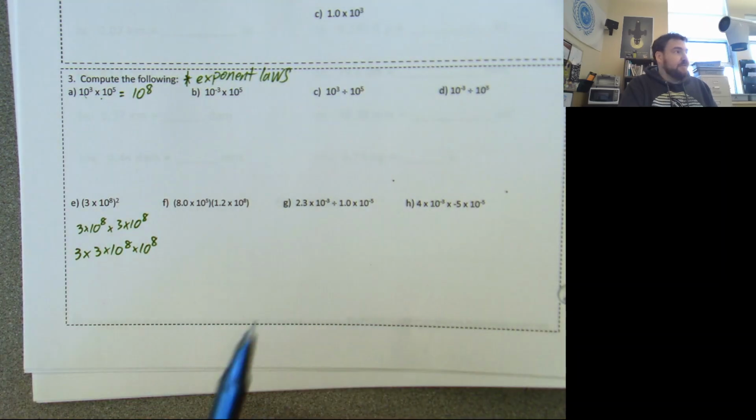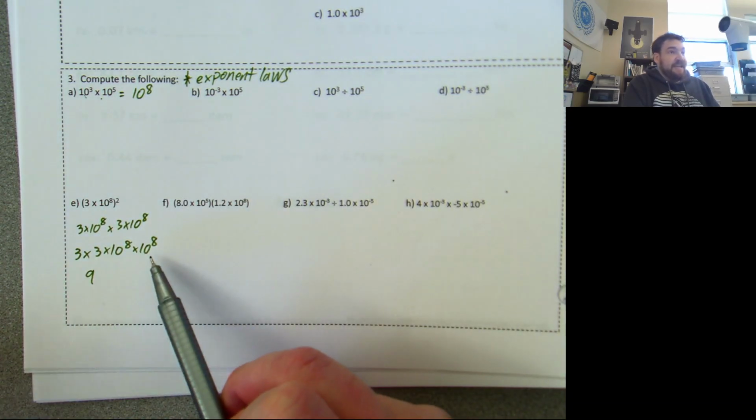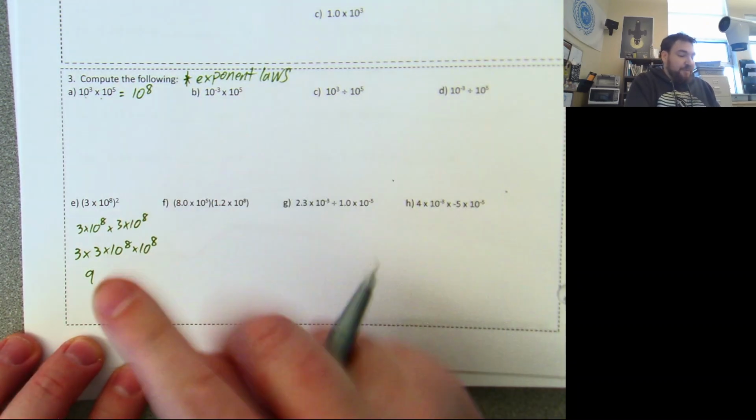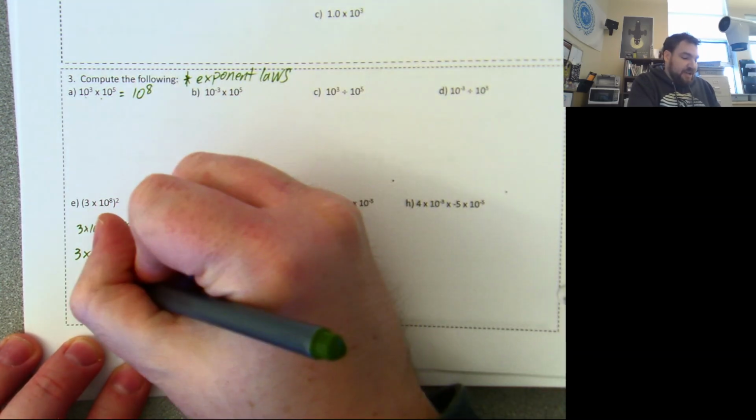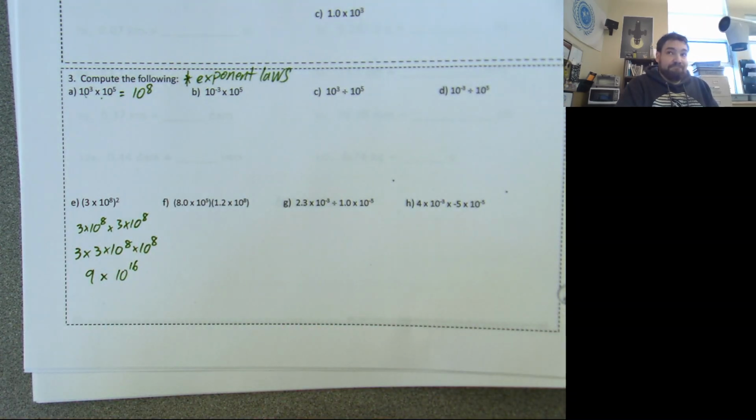So 3 times 3 is 9. And then the 10 to the 8 times 10 to the 8 is 10 to the 16. When I multiply same bases, I add the exponents. So this is just going to be 9 times 10 to the 16. So you can multiply really large numbers really quickly using scientific notation and exponent laws.